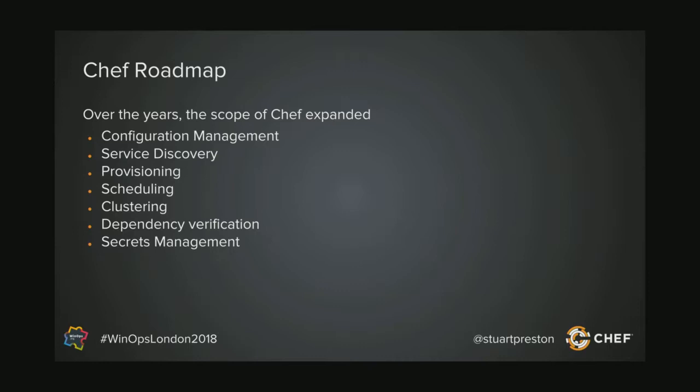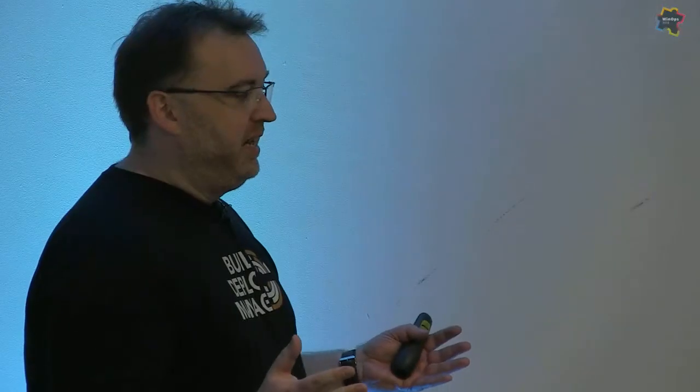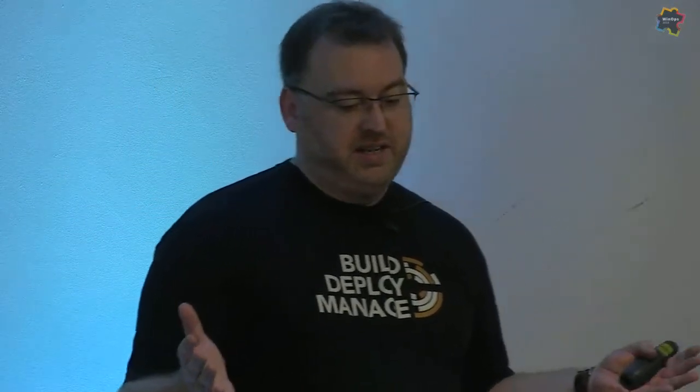Chef's been around 10 years, we just celebrated our 10th anniversary this year. And over that time, we've had contributions from all over the ecosystem. People have added things like, we started obviously in configuration management, infrastructure automation, and people have added service discovery and provisioning tools.